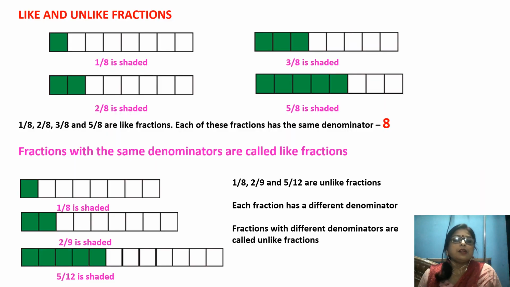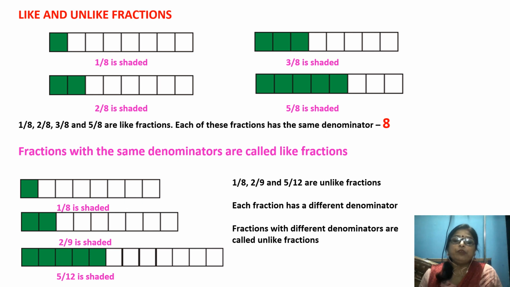Dear students, now I am going to discuss the different types of fraction. The first one is like and unlike fractions. In figure 1, 1 out of 8 parts is shaded. In the second figure, 3 parts out of 8 are shaded. In the third figure, 2 parts out of 8 are shaded.